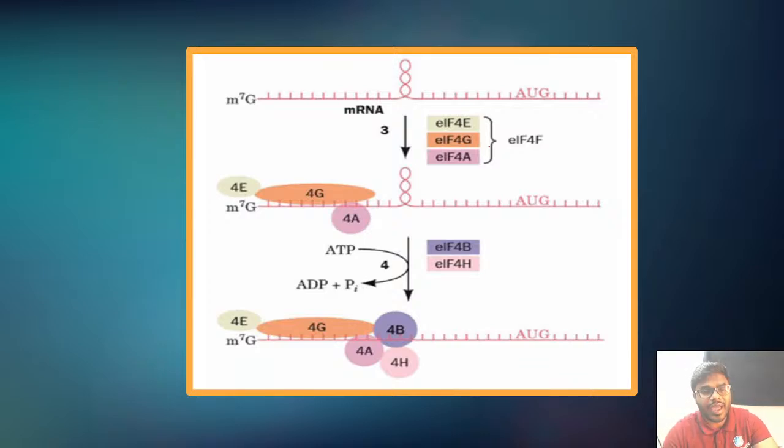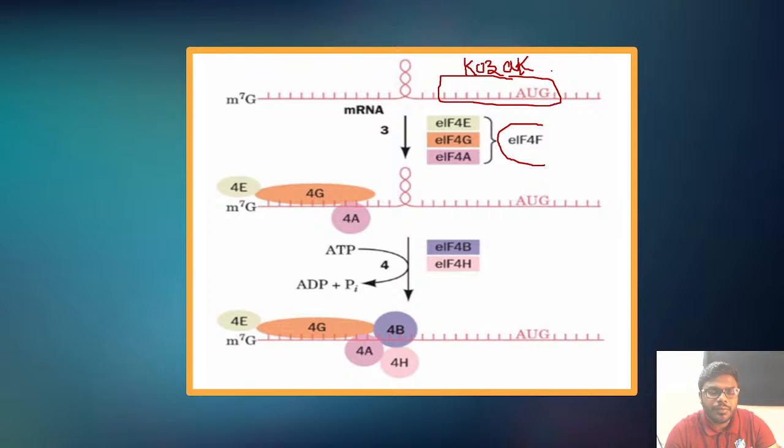I compulsorily need the small ribosomal subunit, tRNA and mRNA together. Now, how does this assembly occur? And every one of you listen to my statements very carefully, friends. Near the AUG in the mRNA, there is a specialized sequence present which we call the Kozak sequence, based on the name of the discoverer.